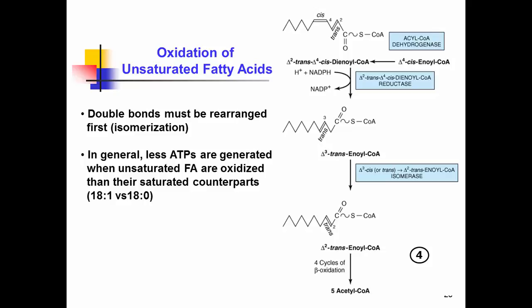You just need to know the general concept: because of the presence of double bonds, you need an additional step, the rearrangement of the double bonds, and the enzyme involved in this process is called isomerase, and you generate less acetyl-CoA molecules.